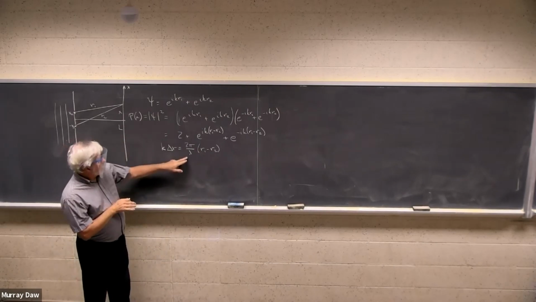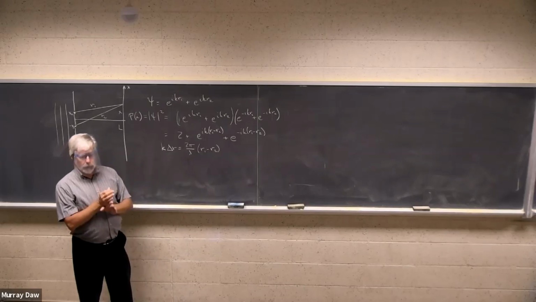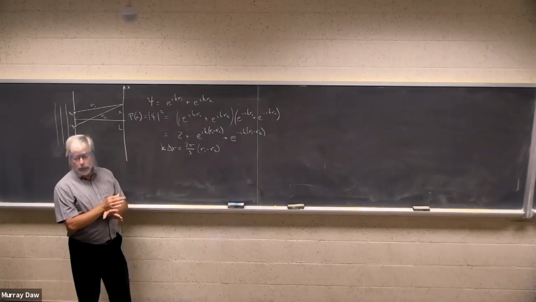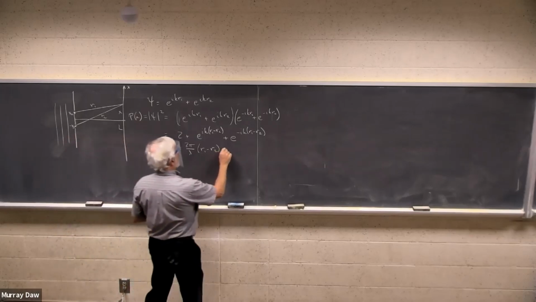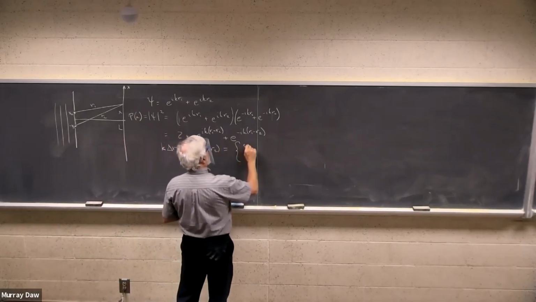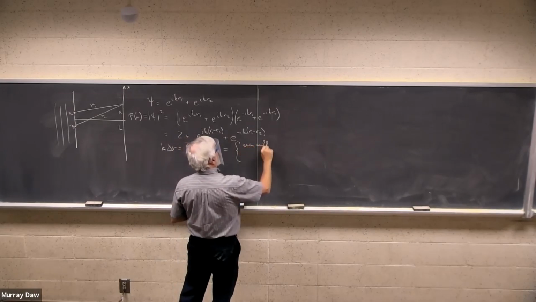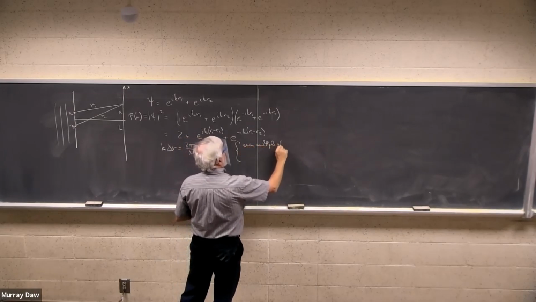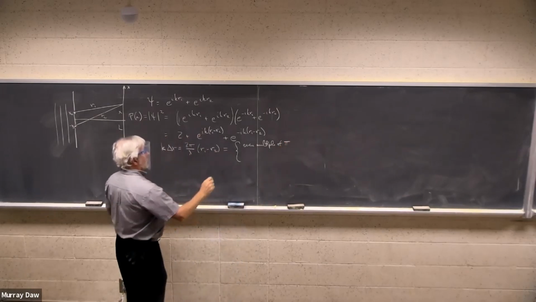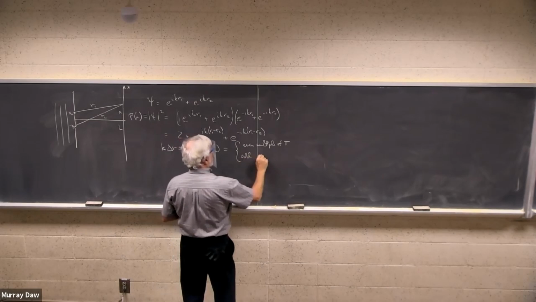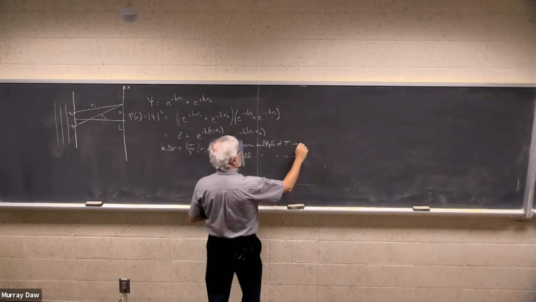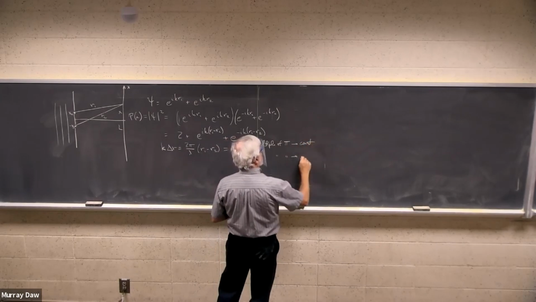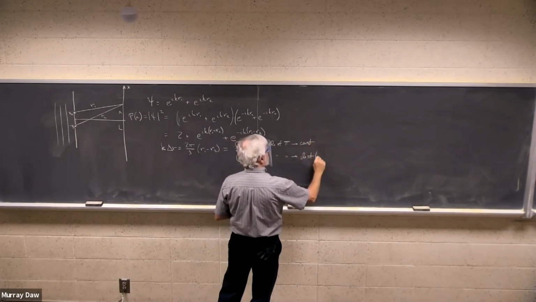If this is an even multiple of pi, so it's 0 or 2 pi or 4 pi, or an odd multiple of pi: in the even case, they will add, so you get constructive interference, and in the odd case, you get destructive interference.